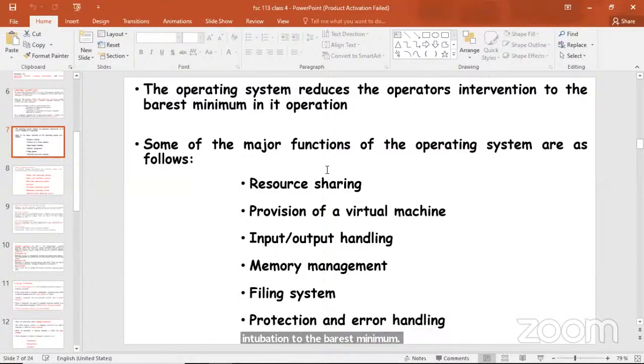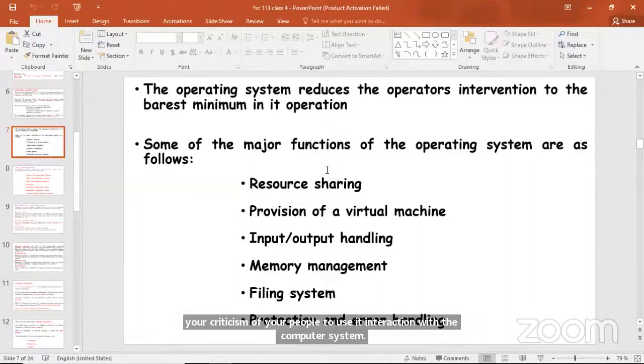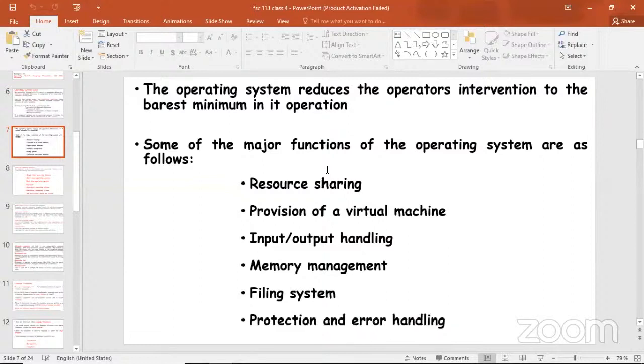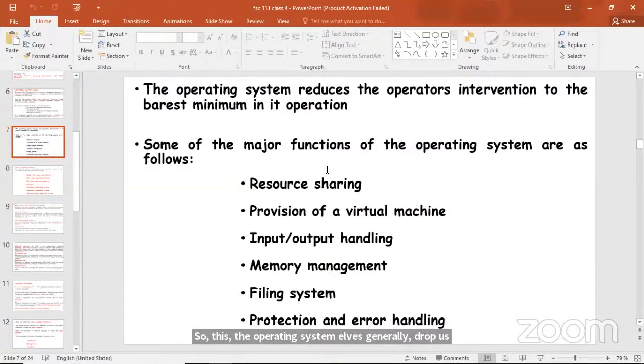The operating system helps the operator reduce interaction with the computer system as it is operating, because if you have to always interrupt the processes of the computer system, it may be a problem. So the operating system helps generally to reduce the workload that we have and also our interaction with the computer system. When I say system, that means computer anyway.